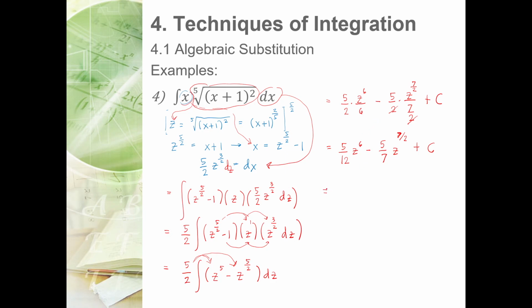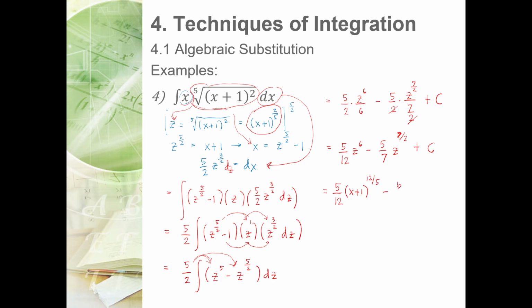Okay, so bring back the value of the z parameter. Again, for you not to be confused, try to recreate it in this format, the exponential expression rather than the radical expression. So 5 over 12, and then this would become x plus 1 to the 12 fifths, right?